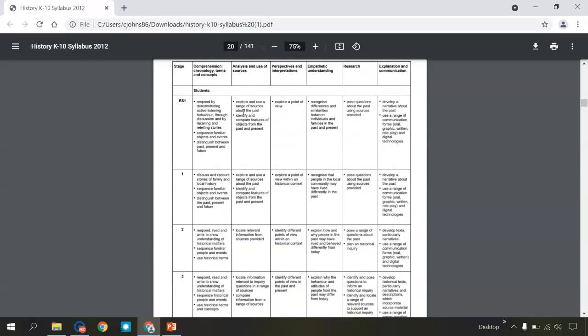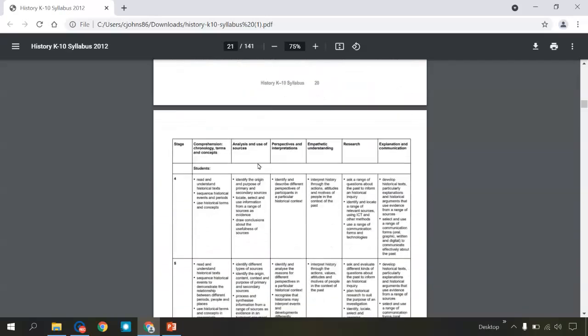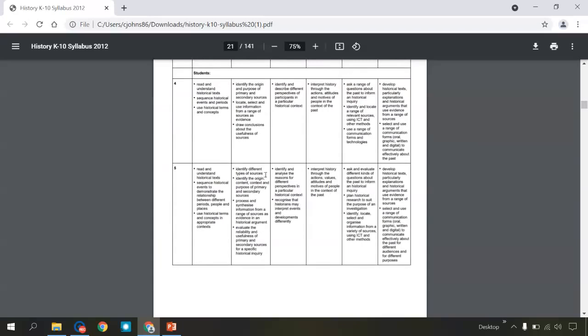In early stage 1, students are exploring and using a range of sources about the past, identifying and comparing features of objects from the past and the present. If we go all the way down to stage 5, we can see that they are identifying still different types of sources, identifying the origin, content, context, and purpose of primary and secondary sources, process and synthesize information from a range of sources as evidence in a historical argument, evaluate the reliability and usefulness of primary and secondary sources for a specific historical inquiry.